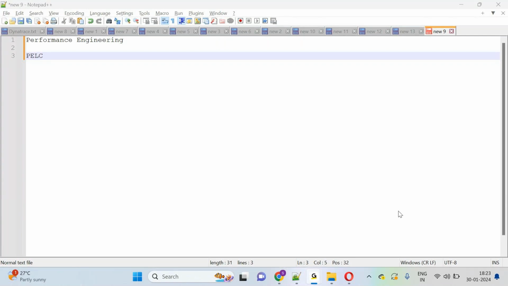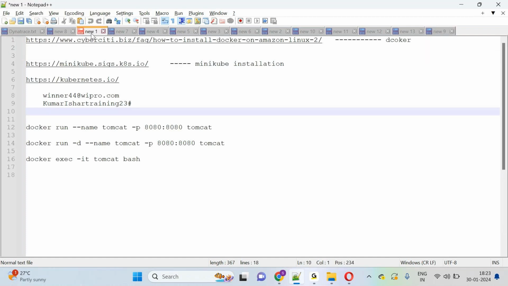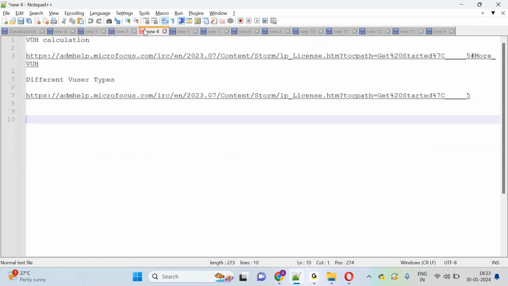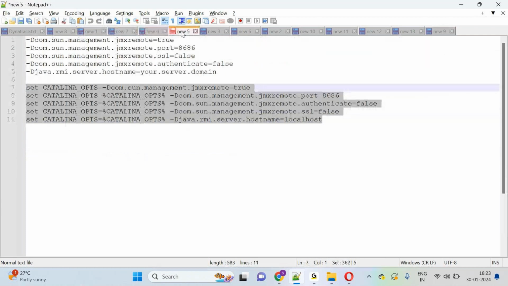Similarly, the performance engineers also have a set of things that they are going to follow as a performance engineering life cycle.